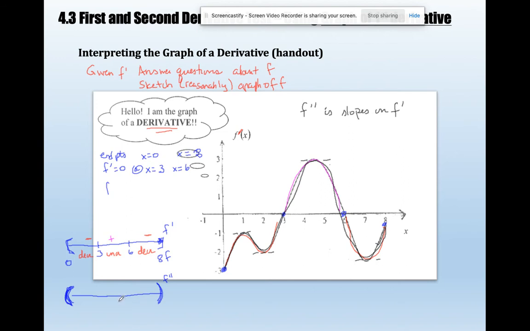Therefore, on your number line, what is that, about 4.5? The second derivative is 0 where the first derivative has turning points.